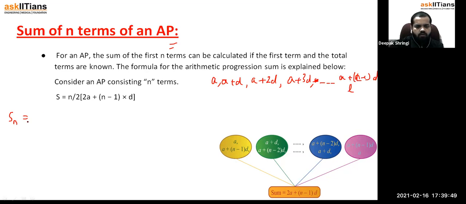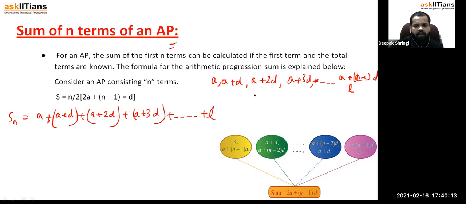So your sum of n terms is A plus A plus D plus A plus 2D plus A plus 3D, which is the fourth term, plus till your last term.